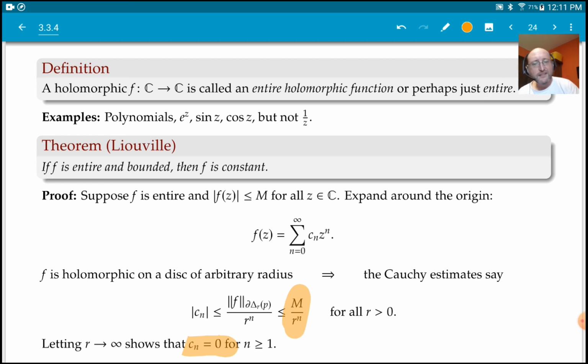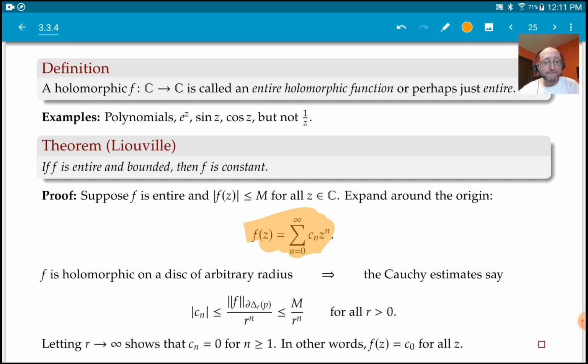But as long as n is 1, 2, 3, 4, any natural number, then r to the n goes to infinity, so M over r to the n goes to 0, so therefore Cn must be 0. That just means that f of z is just the constant term. And we saw that this was an equality everywhere, therefore f is constant. So very immediate once you have Cauchy's estimate.